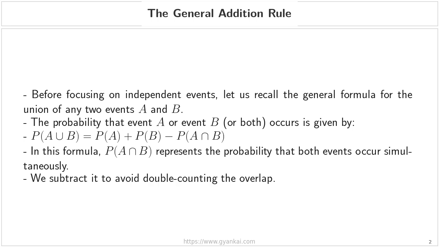When we add the probability of A and the probability of B together, we are actually counting that overlapping middle section twice, once inside A and once inside B. So, we subtract the intersection to correct this and avoid double counting the overlap. Keep this general rule in mind, because in the next slide, we will see how this formula simplifies beautifully when we know the events are independent.